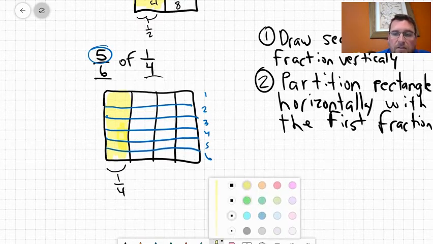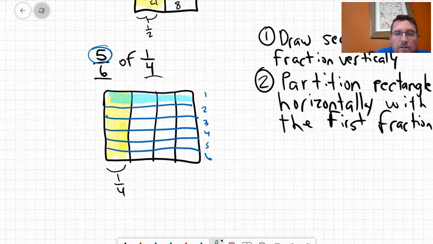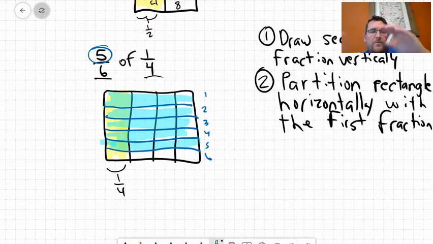So what I'm going to do is color in this row. 1, 2, 3, 4, 5. And you'll see once again that wherever the colors are on top of each other, well, actually, it's nice because yellow and blue makes green.